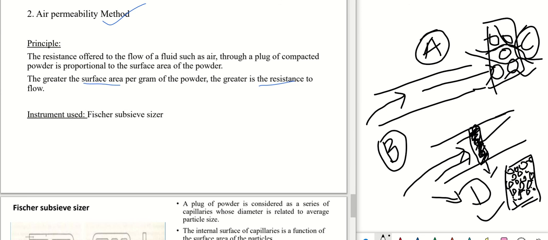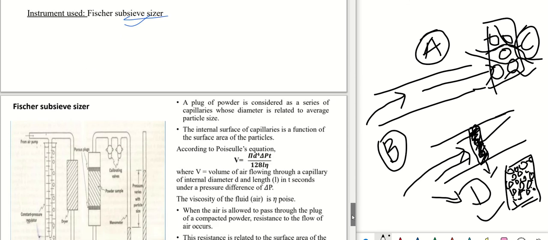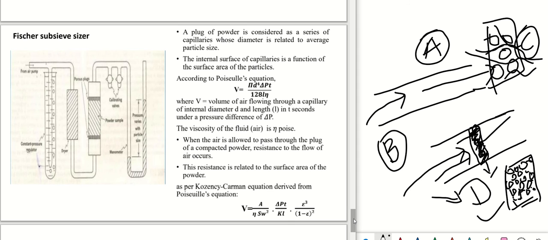For this method, we'll be making use of an instrument called the Fisher sub-sieve sizer. Let's get into this. Now, this is the Fisher sub-sieve sizer. This is the instrument which has a chamber.